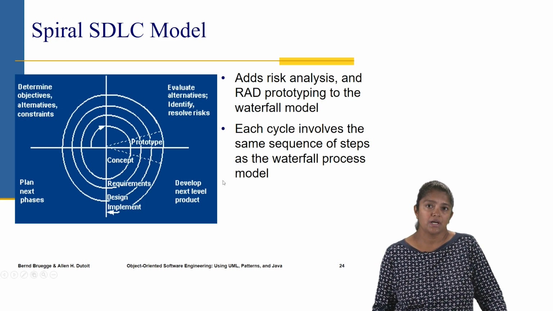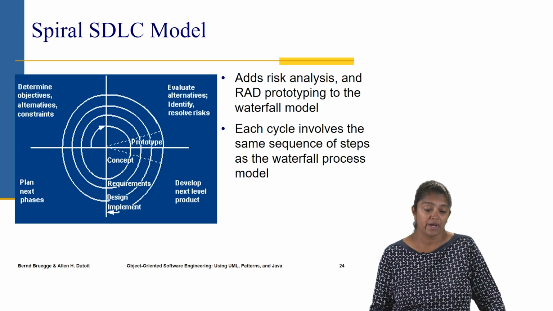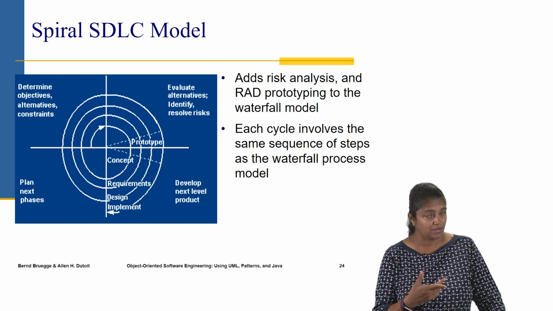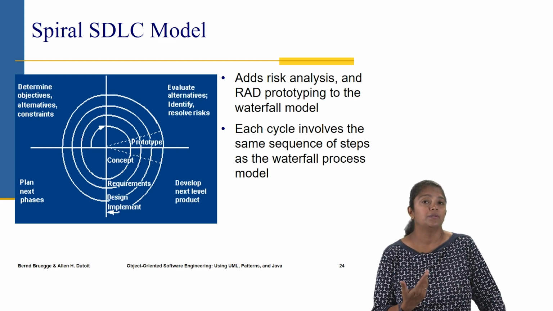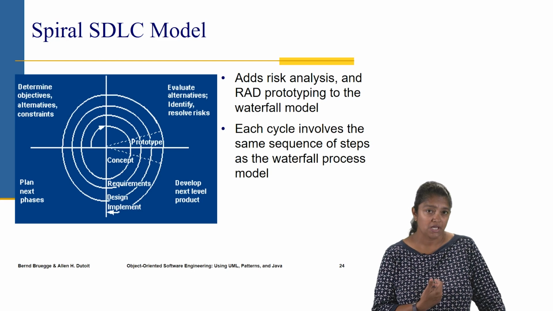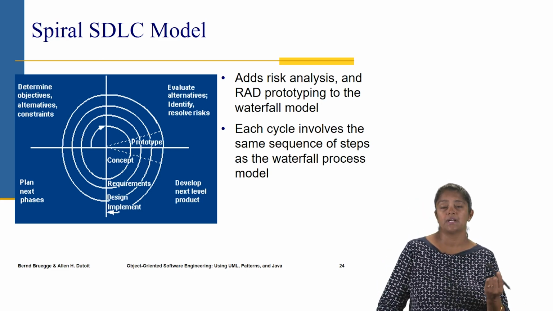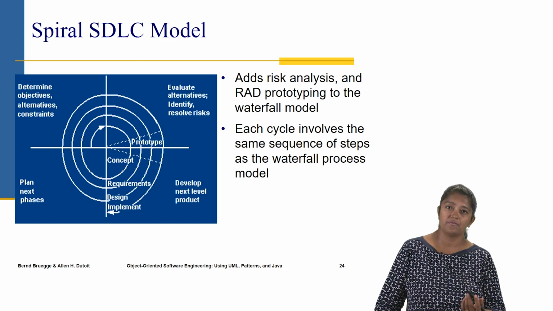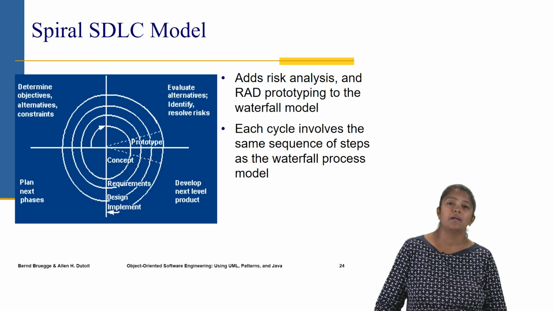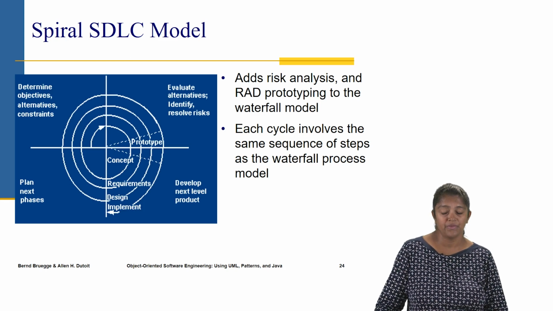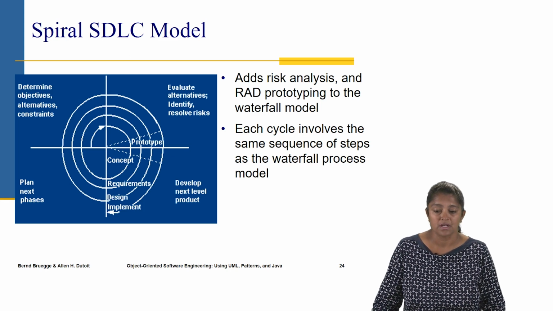So it is an iterative one. In a spiral fashion, in a cyclic manner, the model is repeating the same steps as in the waterfall process, but they're getting repeated every time, and in each cycle a lot of risk analysis also is being added to the process.